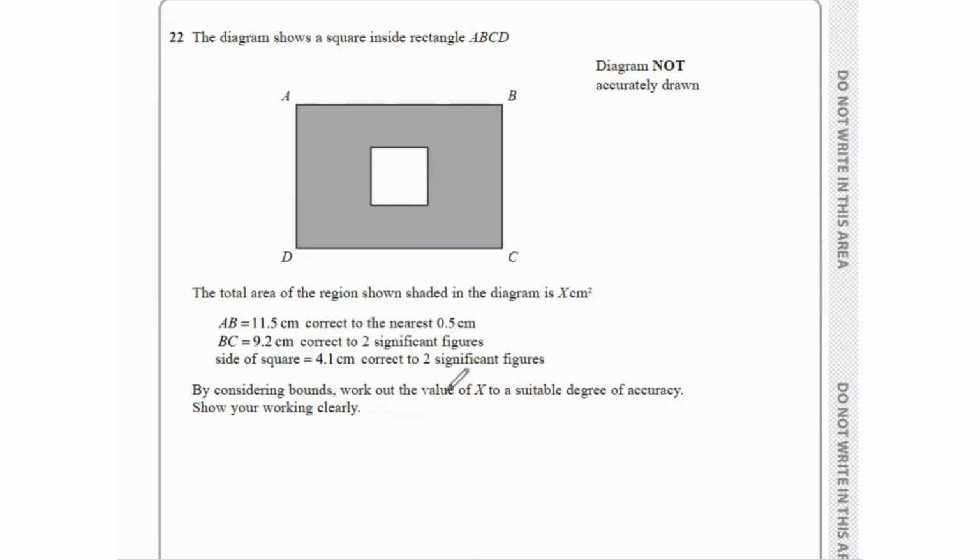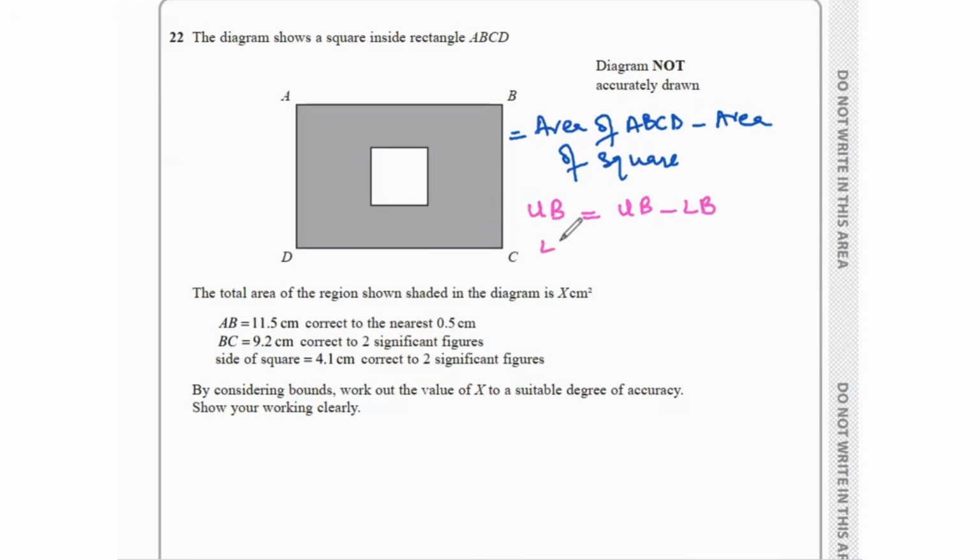So for that, area of ABCD minus area of square. This is our equation. Since we're doing subtraction, you must know that to find the upper bound in subtraction, it's upper bound minus lower bound.